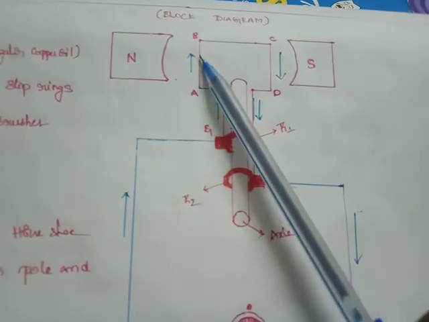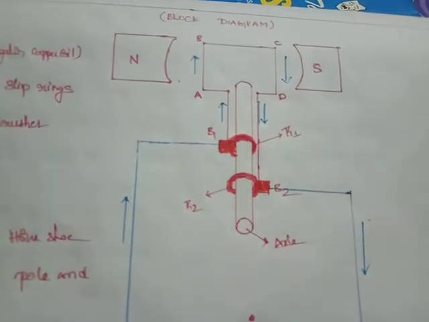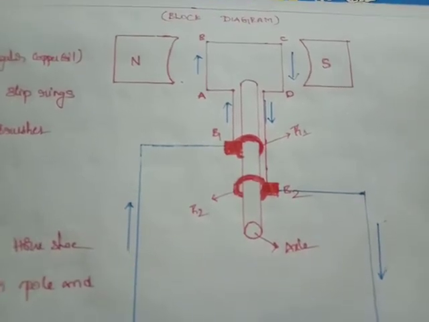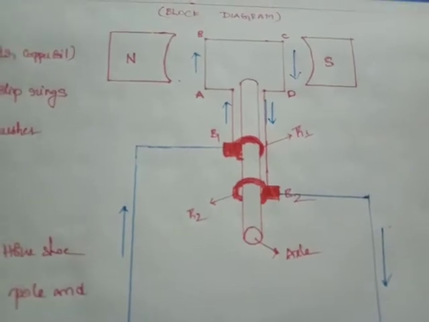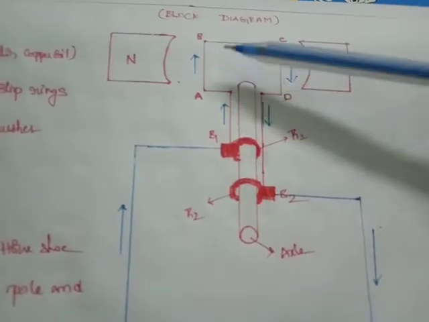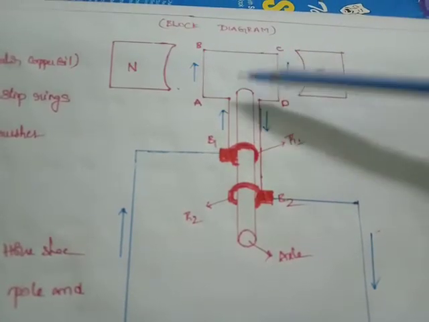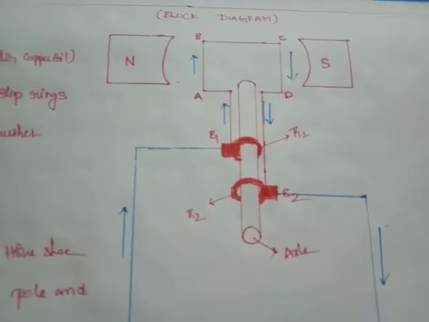This rectangular copper coil is called the armature, that means A, B, C, D, like the shape of four corners. The A, B, C, D form the rectangular armature coil.